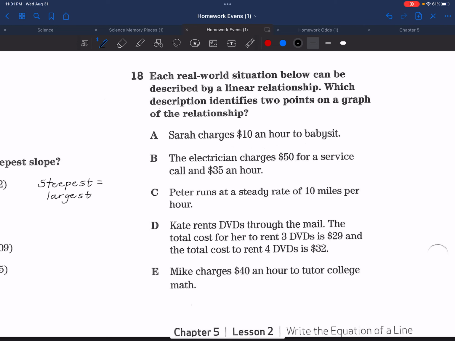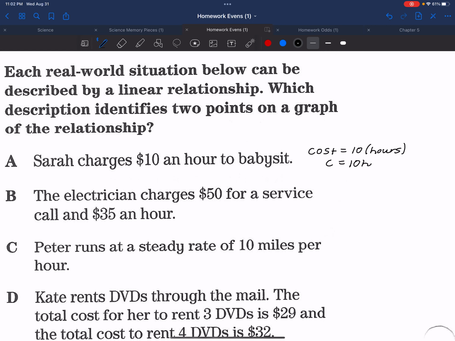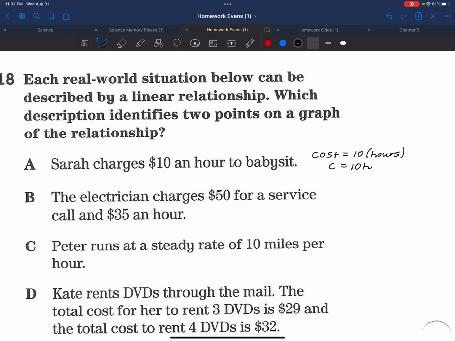Sarah charges $10 an hour to babysit. So the cost is $10 times the hours. So we could model that as C equals 10H. That does not identify a point at all. It just gives a relationship.